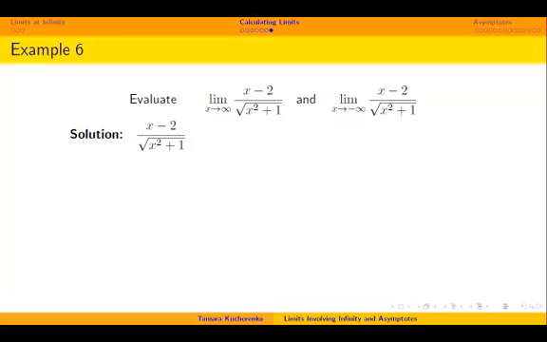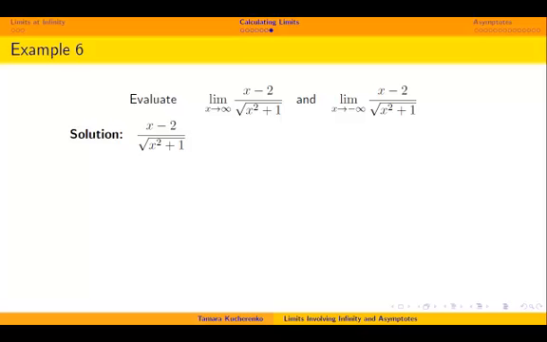Again, here both numerator and denominator get large as x gets large. From the previous examples, we learned that in such a case we divide the top and bottom by the largest power of x in the denominator.